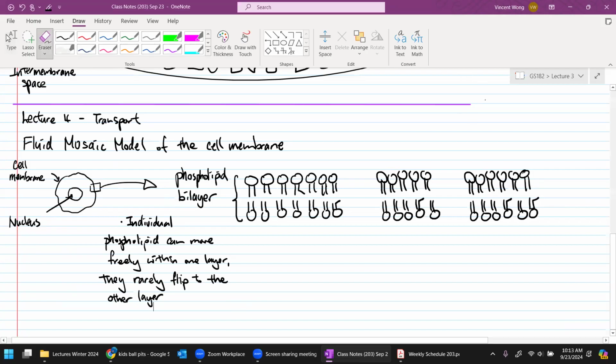Okay, so of course, this would be the outside of the cell. And then this would be the inside. This would be the cytoplasm. And this would be a hydrophilic head, which you already know. That as well, hydrophilic head.